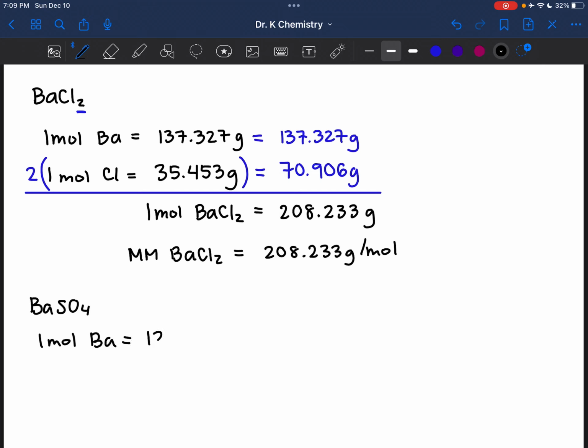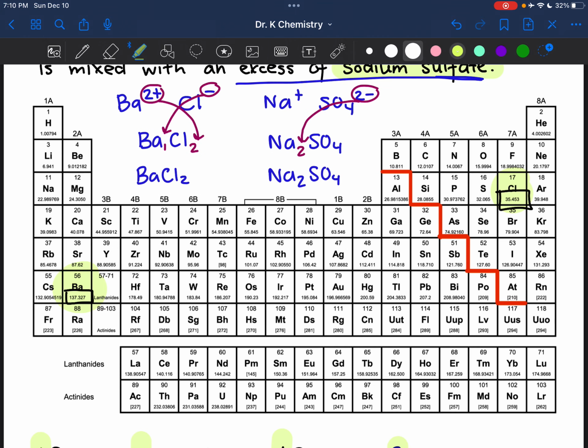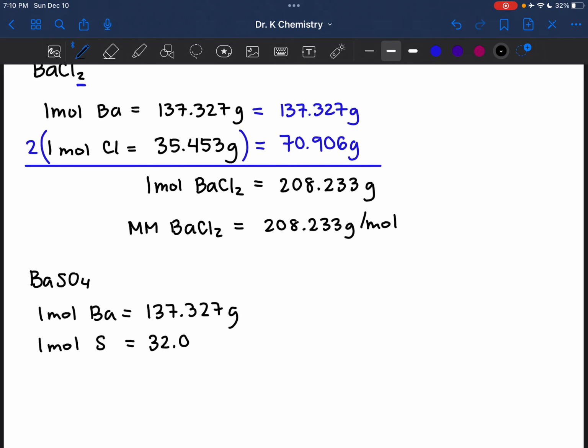We already have the mass of barium. Sulfur I will look up, and it looks like the mass of sulfur is 32.065. Okay, notice that we have 4 oxygens in the formula, so we need to multiply that by 4.